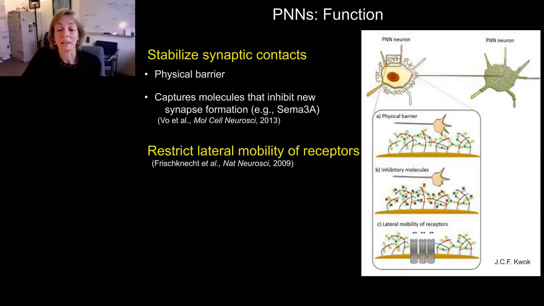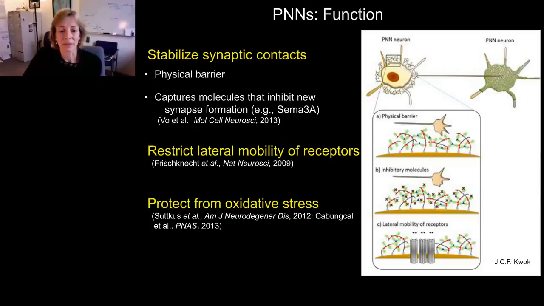Another function, shown in C here, is that they've been demonstrated to restrict lateral mobility of receptors, in particular AMPA glutamate receptors. So the receptors cannot show lateral mobility, and this may decrease some excitatory activity in the underlying neurons. And third, they protect from oxidative stress. I'll come back to this topic a little bit later, but they do protect the underlying neurons from that oxidative burden.